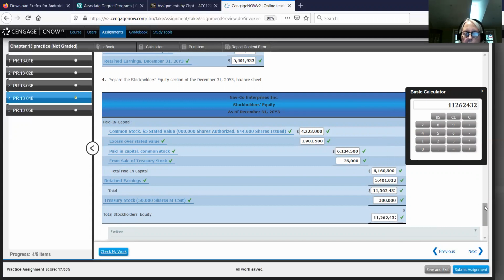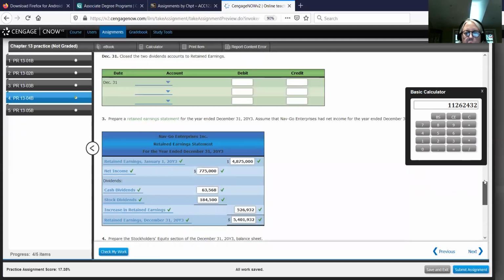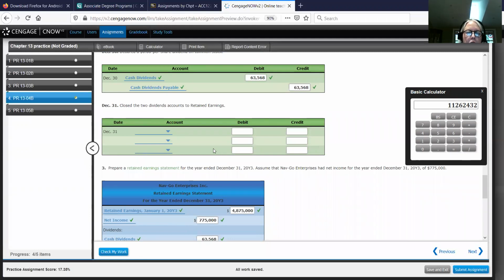So once you have prepared your financial statements, then you have a right to close out accounts. You would close out all your revenues, all your expense accounts, and we close out our dividends because these are temporary accounts for us. We close the dividends account to the retained earnings. And so what we're going to do is debit our retained earnings for the total of the dividends account.